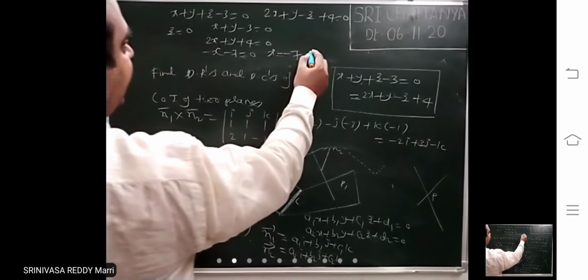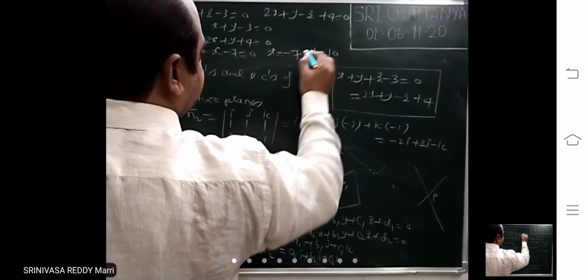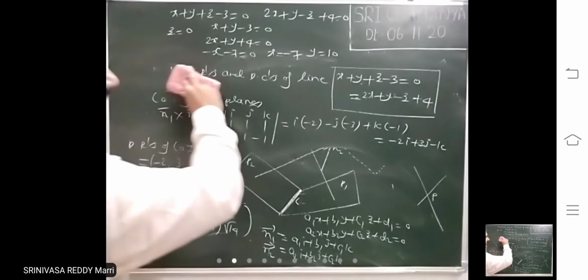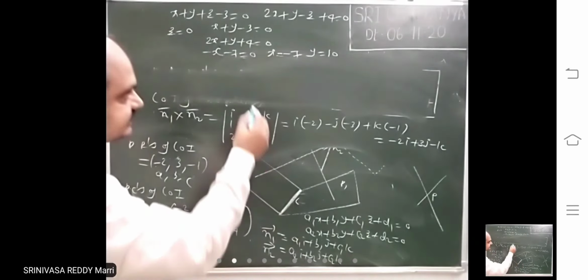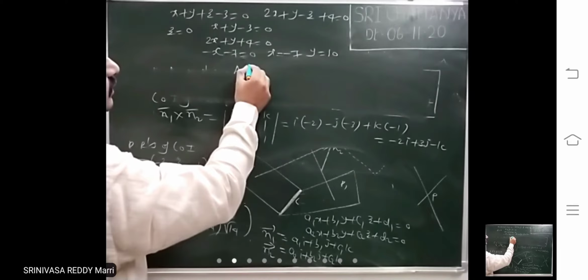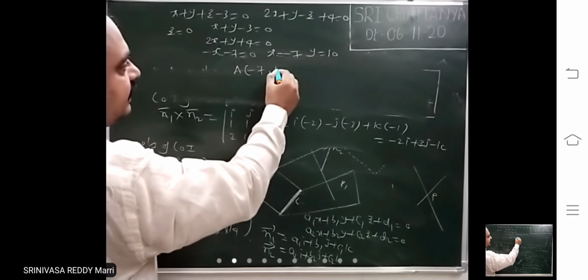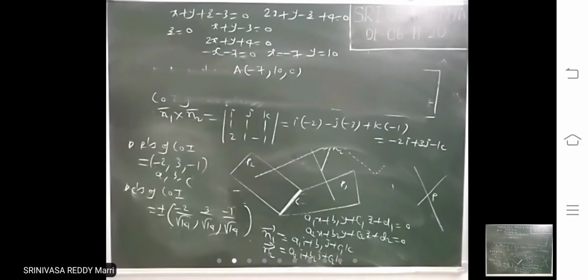Then y equal to 10. Therefore, a point on this line, one single point, is minus 7, 10, 0.